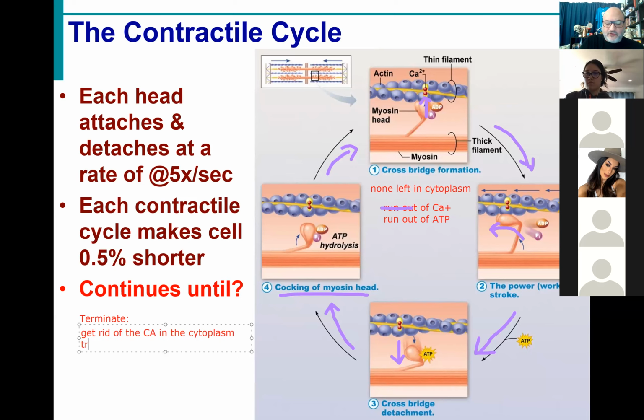What's going to happen is our troponin rotates the tropomyosin over the binding sites. And once that happens, our myosin heads can no longer grab.